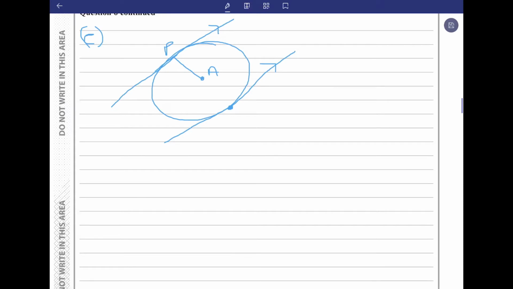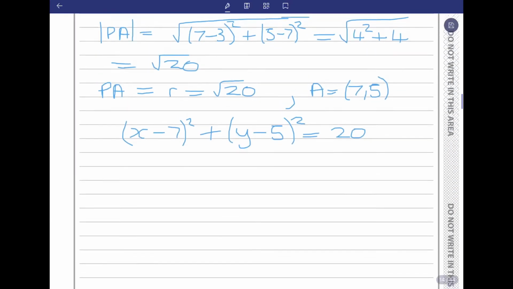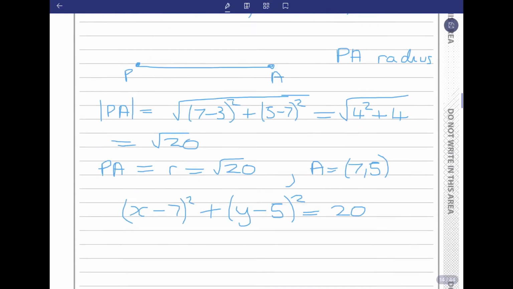Let's recall what these points were. A is 7, 5 and P was 3, 7.